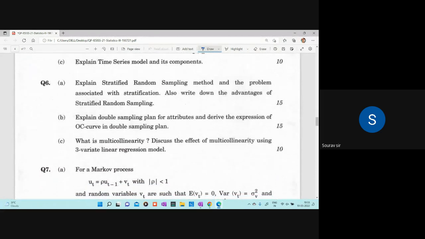Okay. Since we are discussing sampling today, go for this question. I'm giving you 2 minutes. Can you please think and answer me?